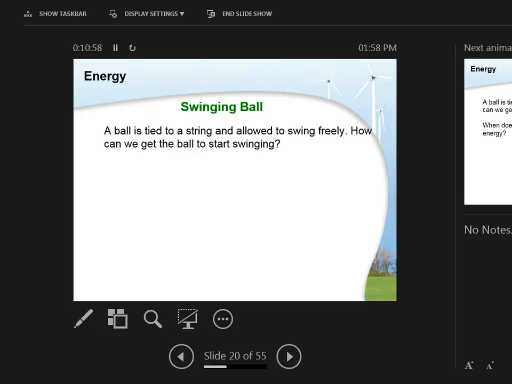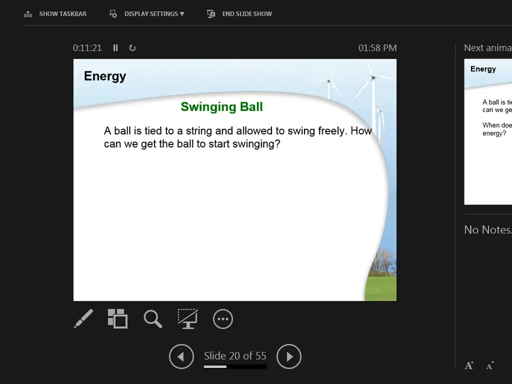Higher. It has a higher gravitational potential energy when I move it to the side. Okay? Where did this energy come from? From me. I supplied the energy to push it to the side. Okay? So now it has higher gravitational potential energy as compared to the earlier position.